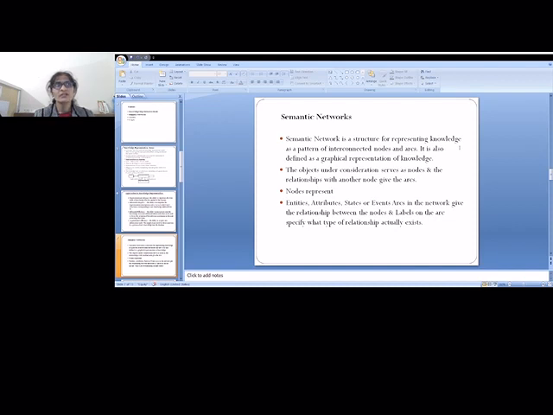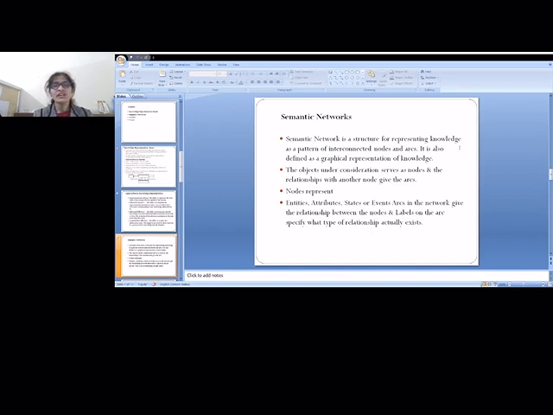The object under consideration serves as a node, and the relationship between the objects is represented by an arc.